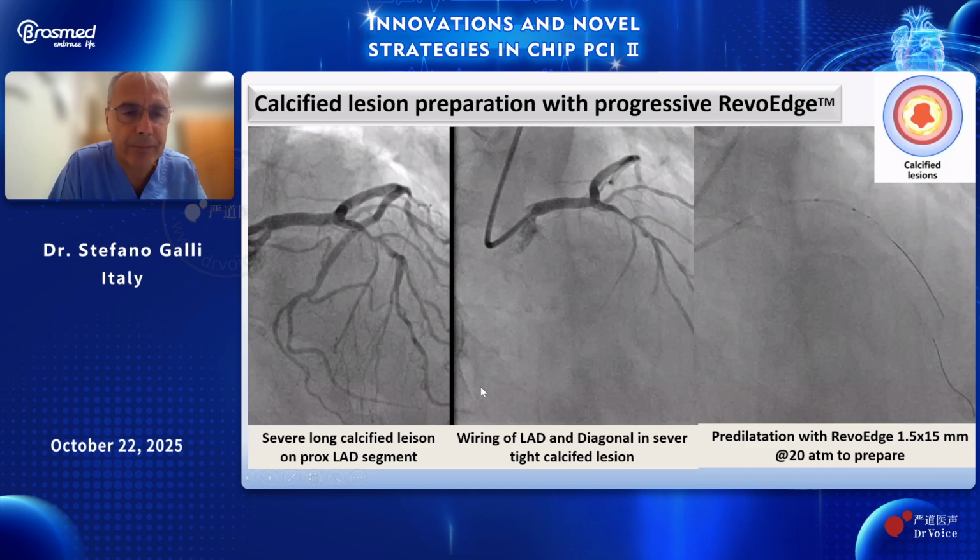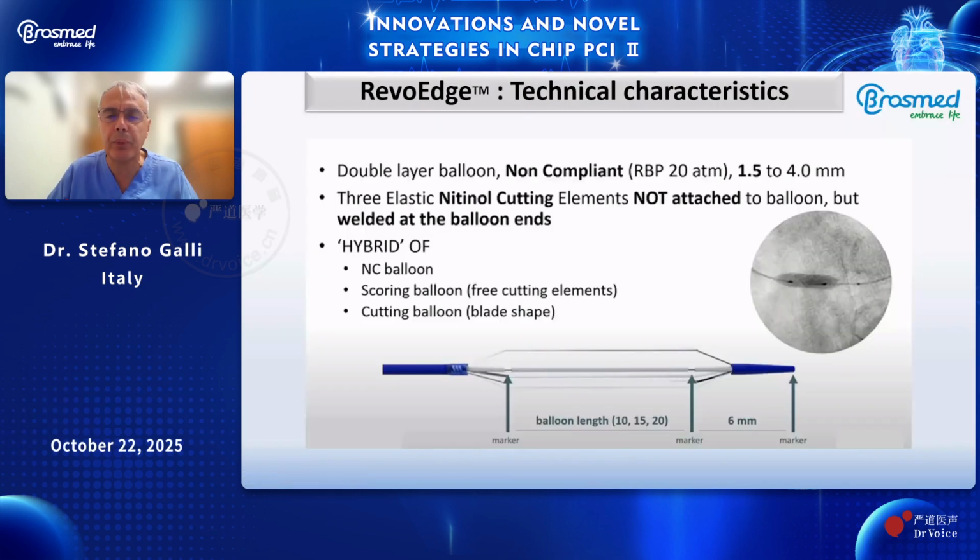the crossing profile. This is the first example, for a calcific lesion, severe long lesion in proximal mid LAD, wiring the diagonal and LAD, and then we start with a 1.5, 15 millimeter in length at 20 atmospheres to prepare.